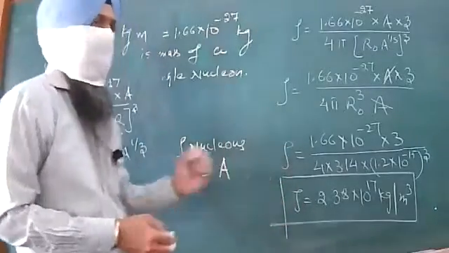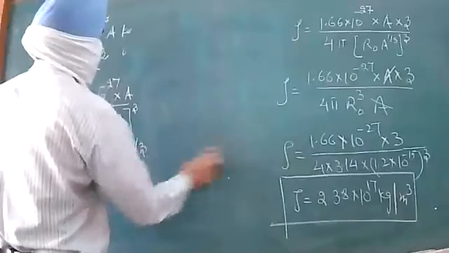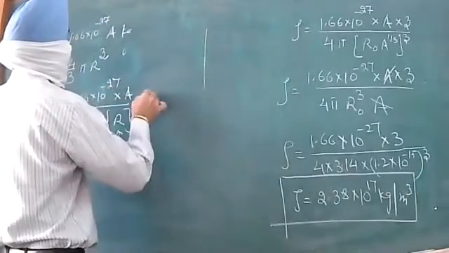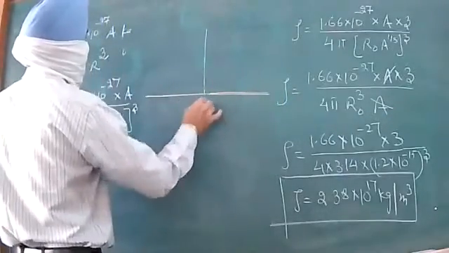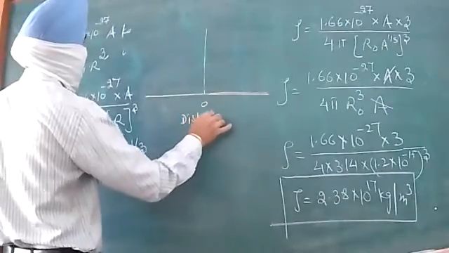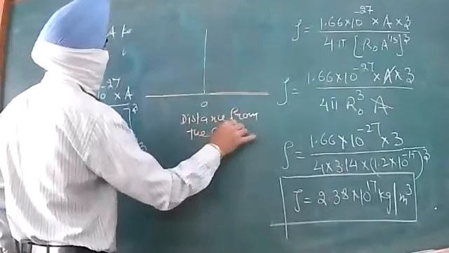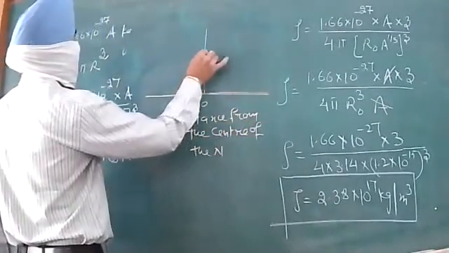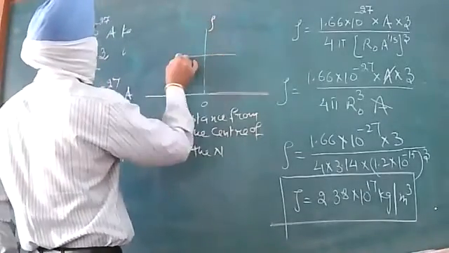Sharply it decreases. I may draw the graph for this also. If we take on the x-axis the distance from the center of the nucleus, and here the density on this side, the graph is probably of this type.